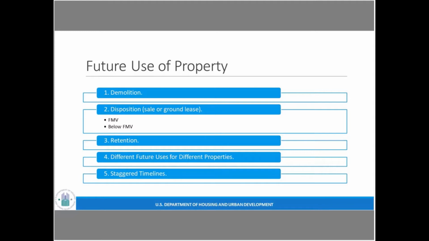Important, too, for fair market value dispositions is if you do realize proceeds, then statutorily, those are restricted for Section 18 eligible uses. So although all of the Section 18 disposition requirements don't apply to dispositions under a Streamlined Voluntary Conversion Plan, any proceeds are statutorily restricted to Section 18 uses.